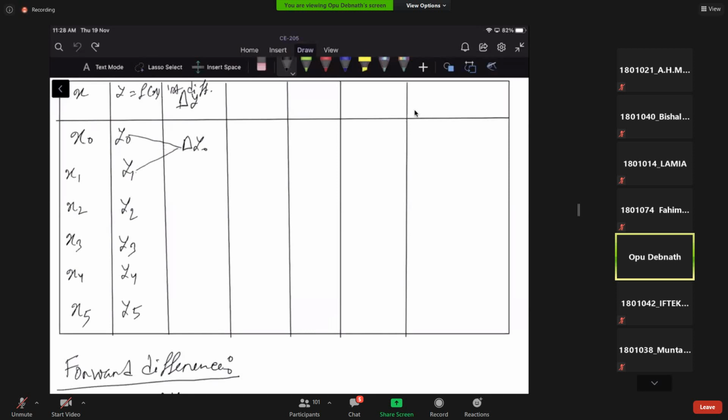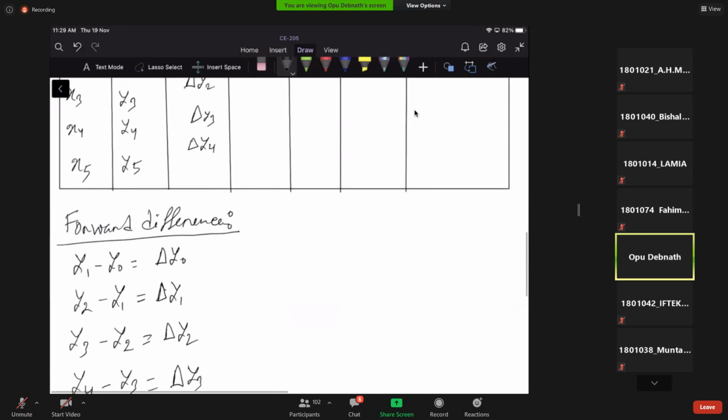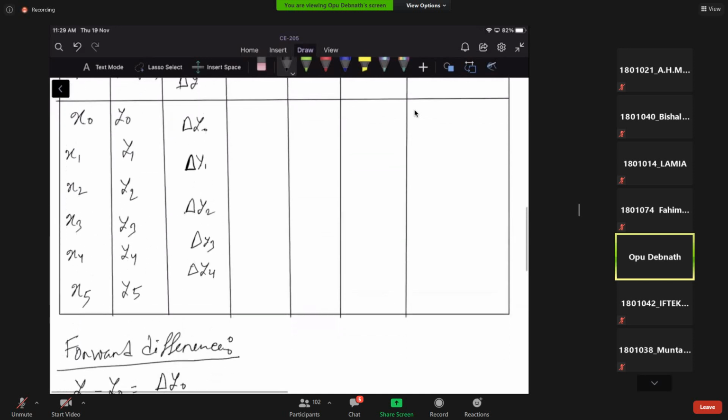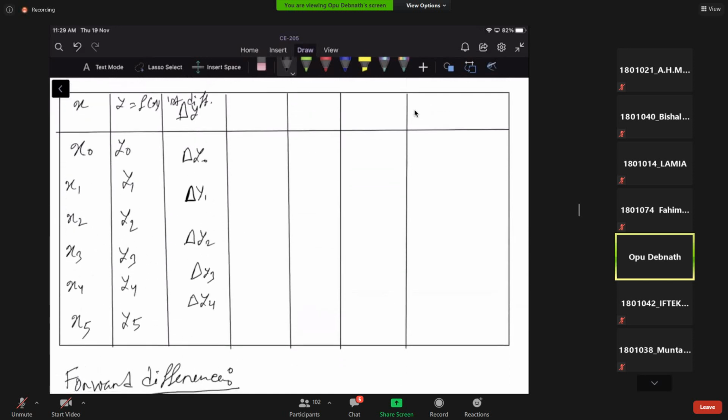This is the rule of forming the difference table. Similarly, the next one, y2 minus y1, will be del y1. The next will be del y2, then del y3, and the last one is del y4. So this is the first forward difference, and the next one will be the second difference.